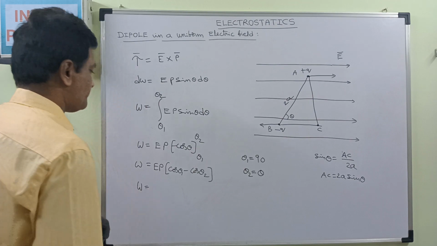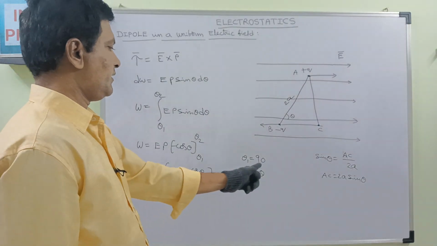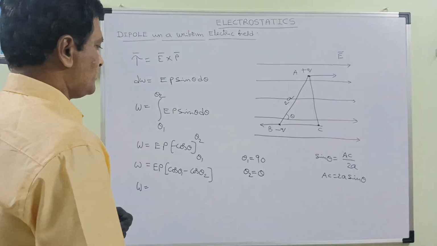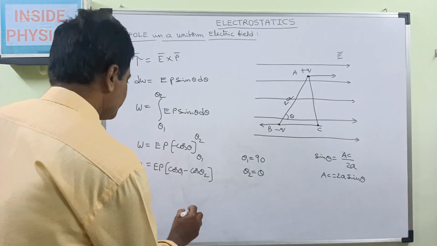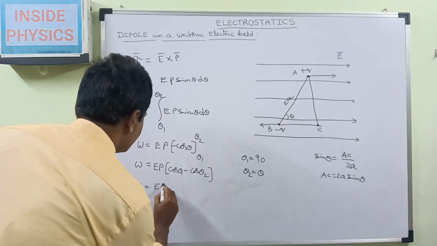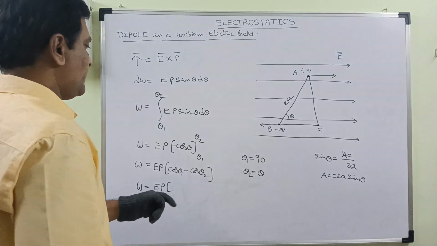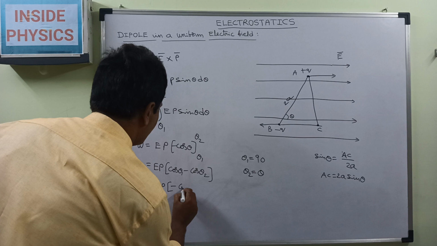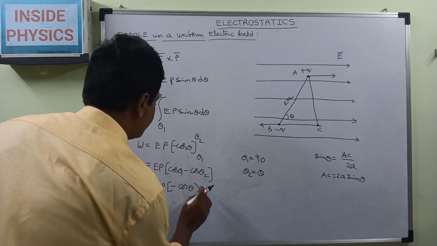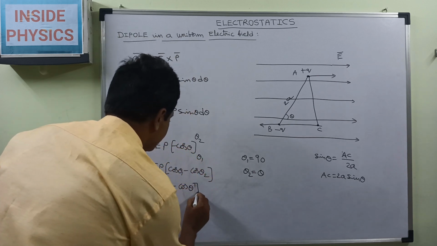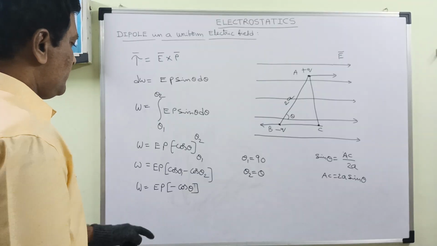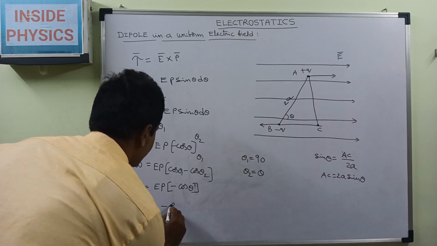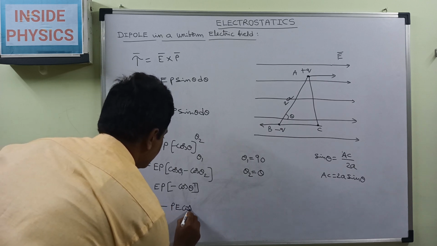Now the work done can be written as cos theta 1. We know that cos theta 1 is 0. Okay, so cos 90 will become 0, and this cos theta 2 will become cos theta. Okay, so here work done can be written as minus PE cos theta.